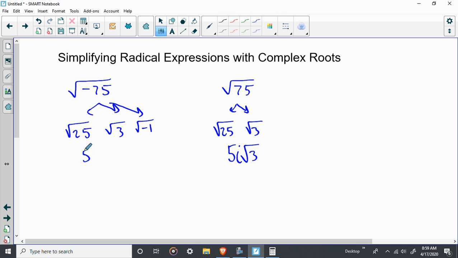This is 5. This stays how it is. And the square root of -1 is I. 5 times square root of 3 times I. 5I times radical 3. If you were good at what we were doing last week, and you just add this little negative sign in there, all you need to do is throw an I on the outside, because that will account for the square root of -1 that we factored out.